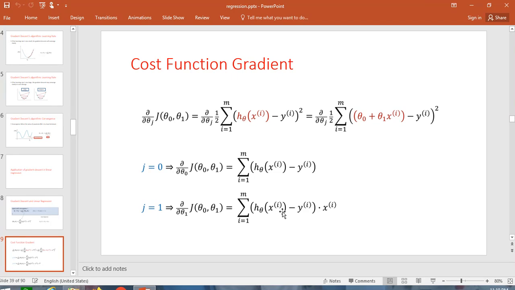In this relationship, consider j as 0 to calculate the partial differential with respect to theta 0.